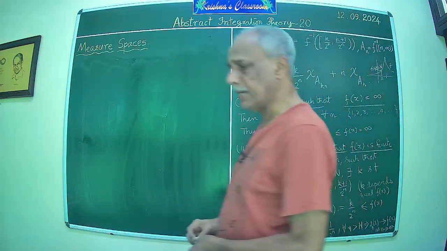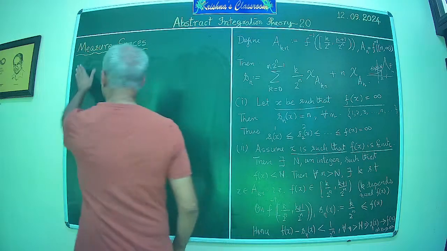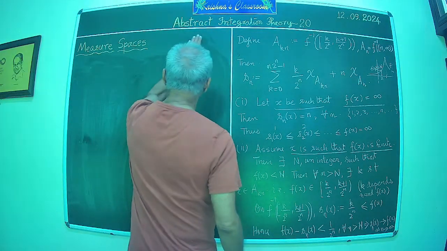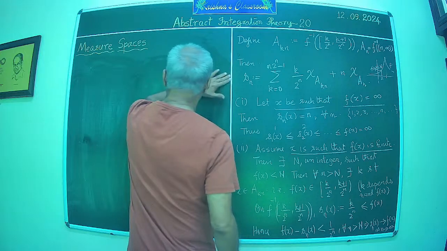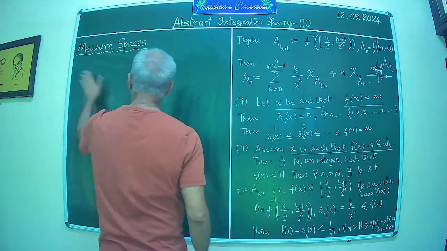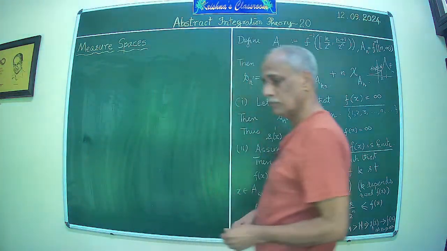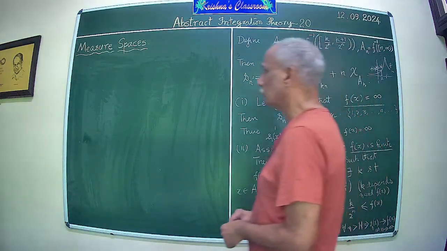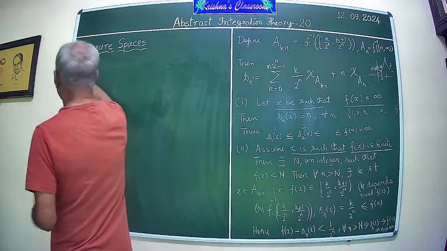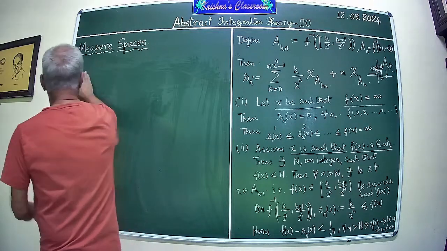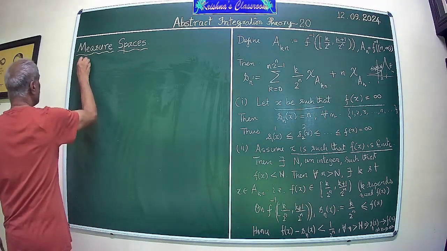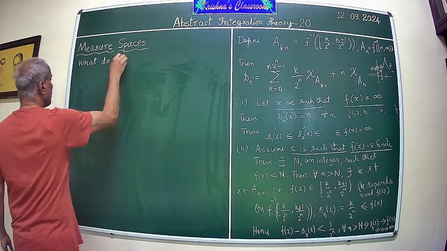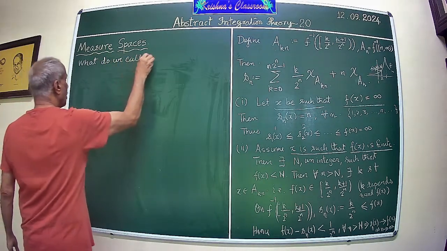So what is a measure space? Now we are bringing in the concept of measure. In other words, we have already prepared the ground. What do we call a measure on a measurable space?